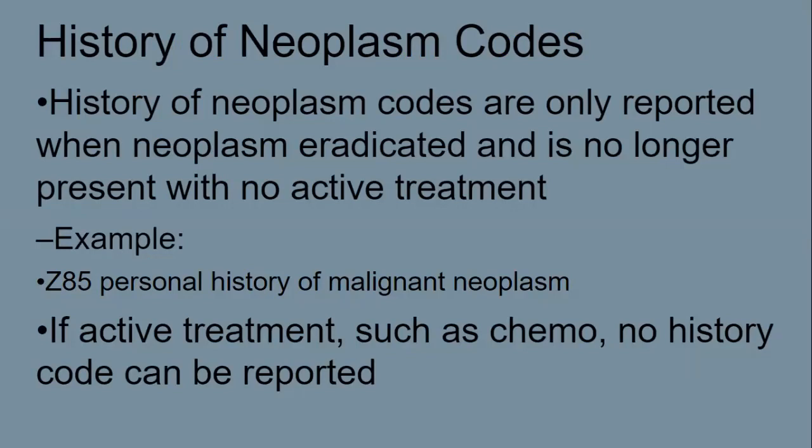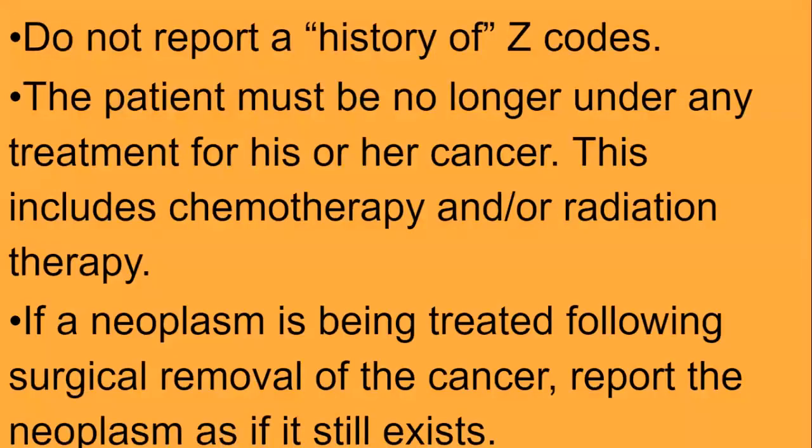If active treatment, such as chemo, no history code can be reported, because if you're still being treated, you don't have a history of it, you still have it. So you can use Z85 if the patient has a history of neoplasm and it applies to what you're doing and your doctor said he wants that coded as a diagnosis, but if they're still having active treatment, it's not a history of, they still have it.